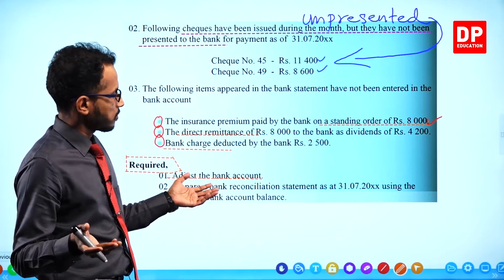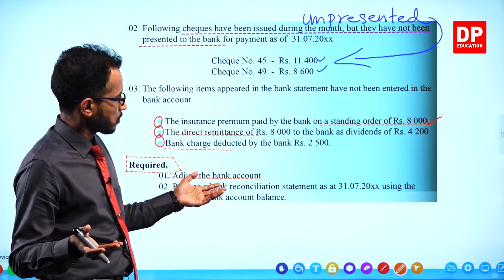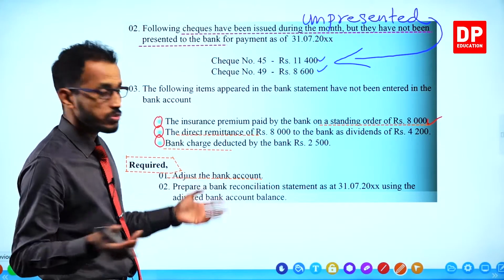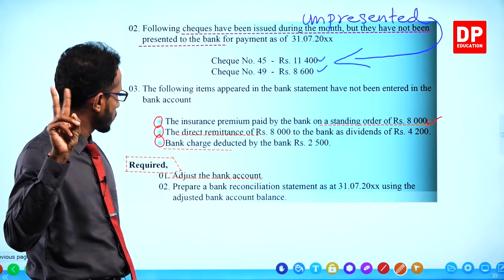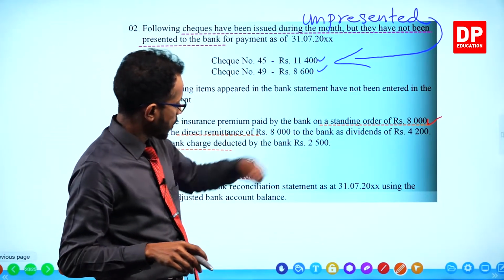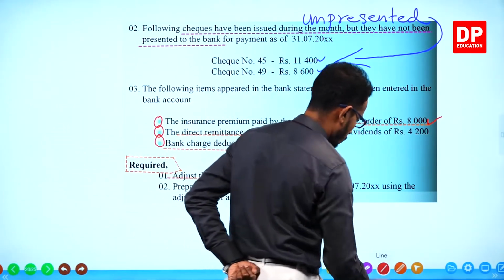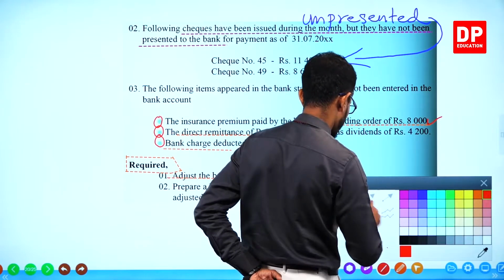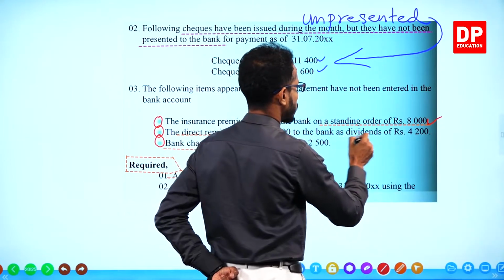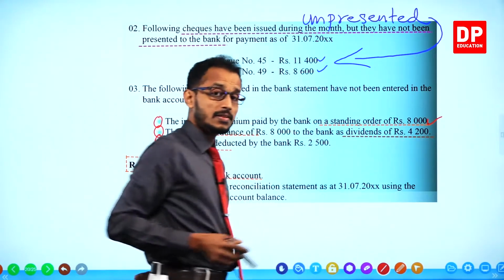All right. In the book, children, there are two direct remittances mentioned. It is a little confusing here, but we'll adjust it. No problem. We'll adjust this as another direct remittance.